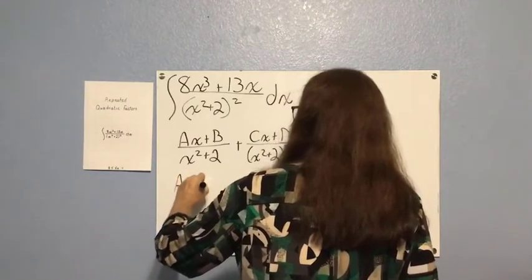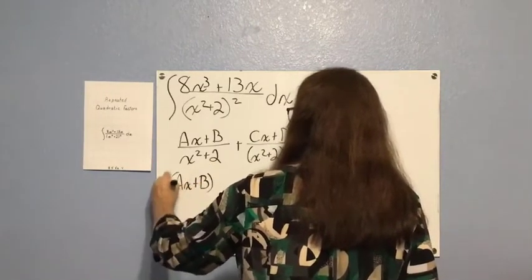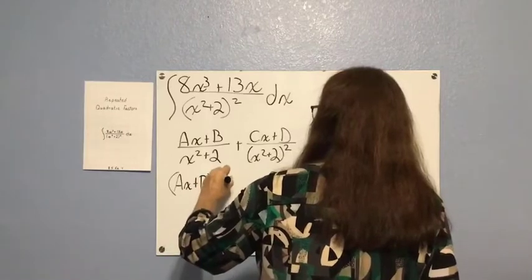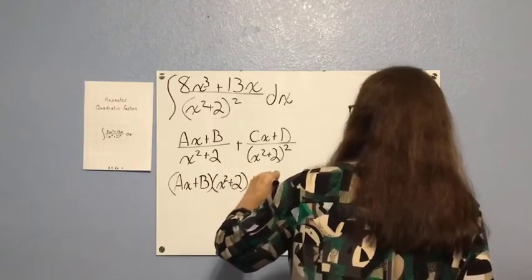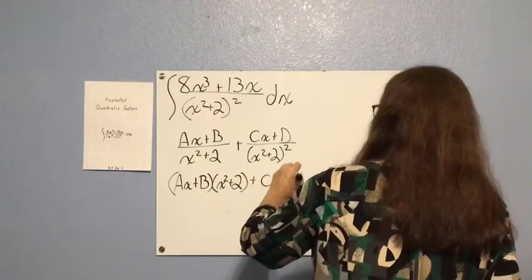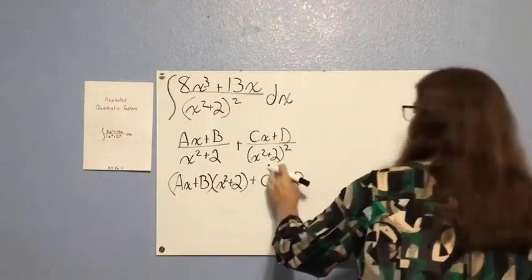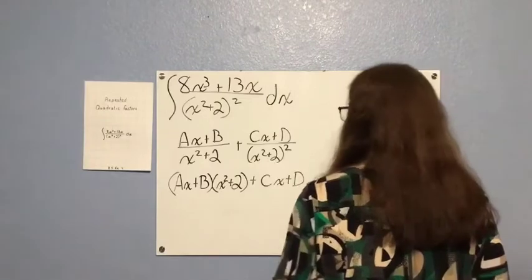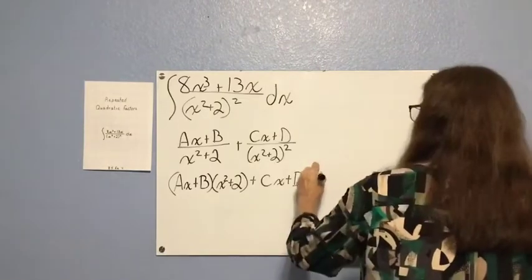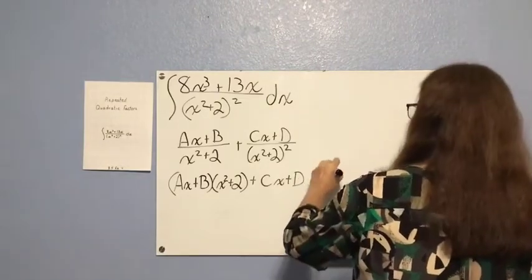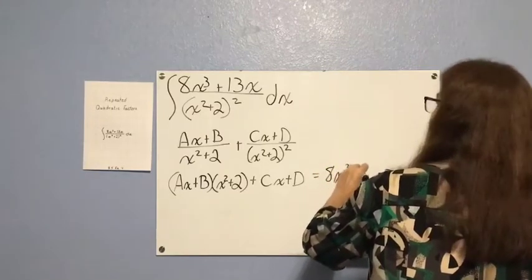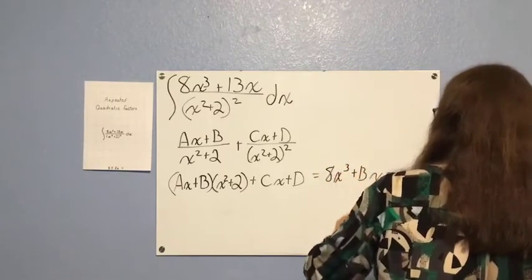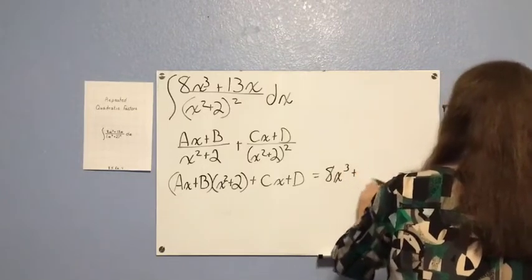Okay. When I multiply by the least common denominator, I'm going to get ax plus b times x squared plus 2 plus cx plus d. This is the common denominator, so there won't be anything else there. And that equals my original numerator, 8x cubed plus 13x.